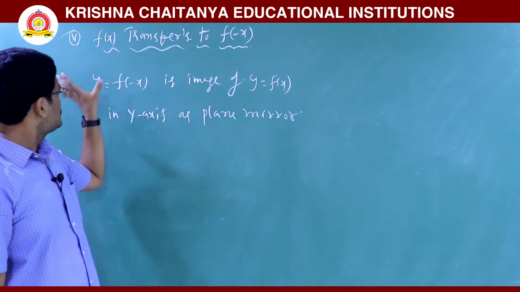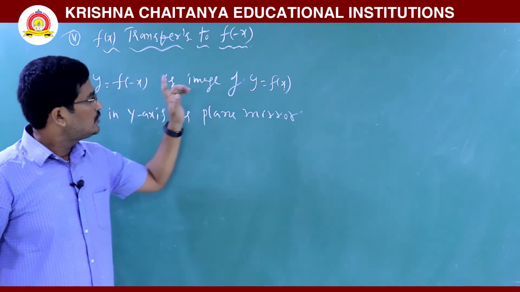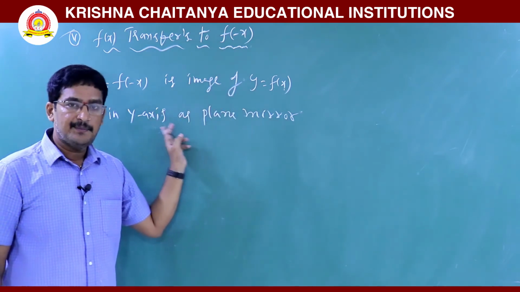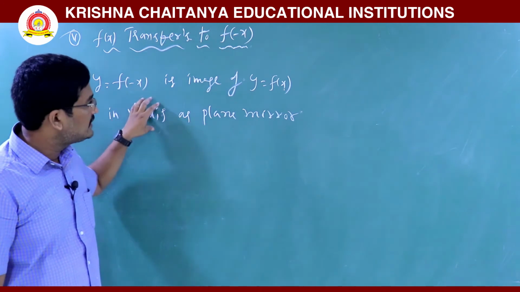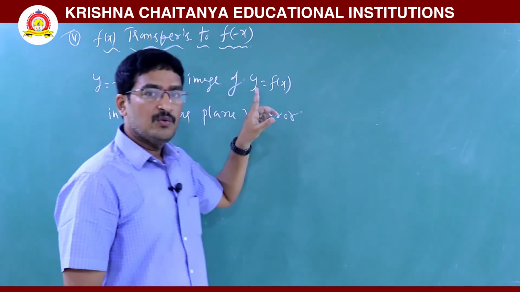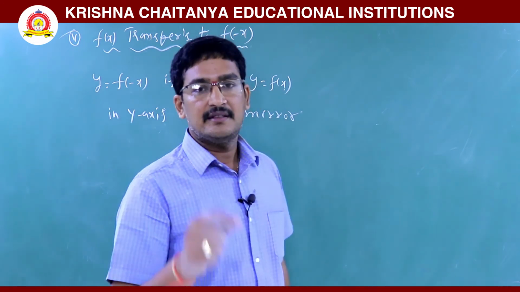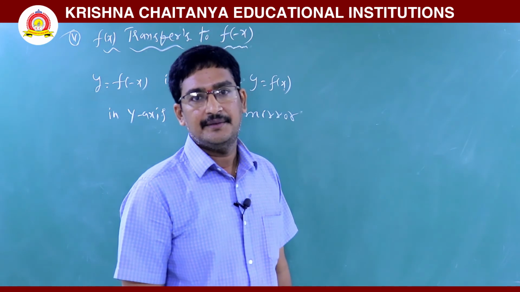So, you need the curve y equal to f of minus x. Just draw the image of f of x in the y-axis as a plane mirror. With respect to this mirror, just observe what is the image of y equal to f of x. That image represents the curve y equal to f of minus x there.